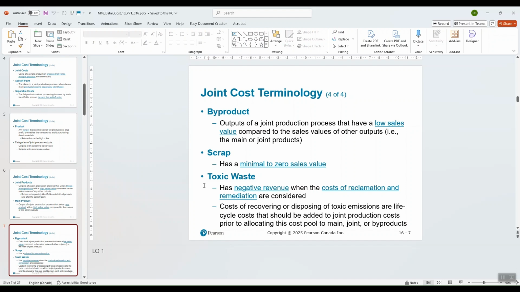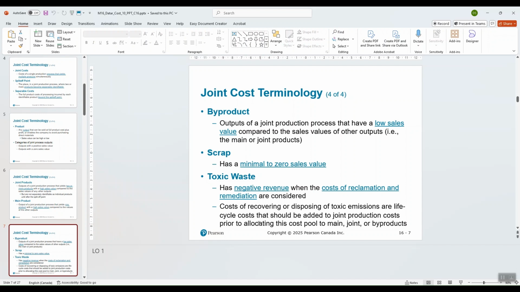Now, when it comes to those industries, they may have a budget or they may have a cost assigned for how they get rid of that toxic waste, and then that cost, the negative cost of toxic waste, needs to be considered as part of your planning for costing purposes. So any cost that you spend on disposing of the toxic waste or recovering back to the environment needs to be considered and added as a joint cost in your analysis.